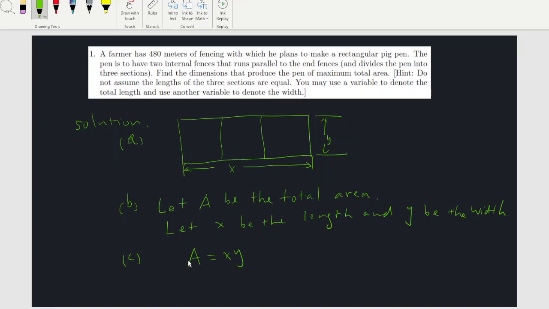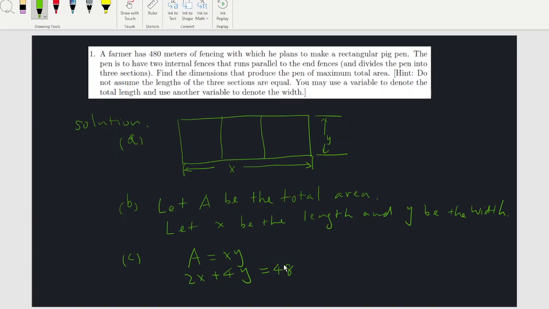So one of the constraints is, you do not have to care about the term, the constraint is the relation between the variables. So we have 2x plus, sorry, it's not 3y, it's 4y's, right? 1, 2, 3, 4, 4y's, equals 480.